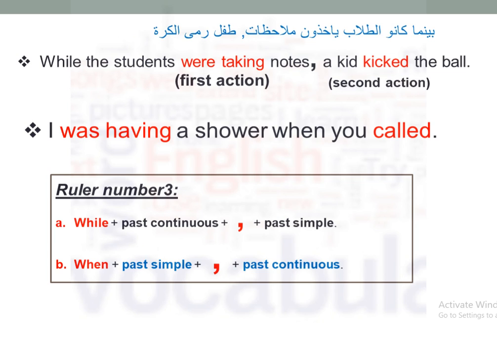While the students were taking notes, comma, a kid kicked the ball. But if we use while and when in the middle of the sentence, there is no need to use a comma, as in example number 2. I was having a shower when you called. So have you seen? In number 2, I didn't use any comma because there is no need. I used when in the middle. I was having a shower when you called me.